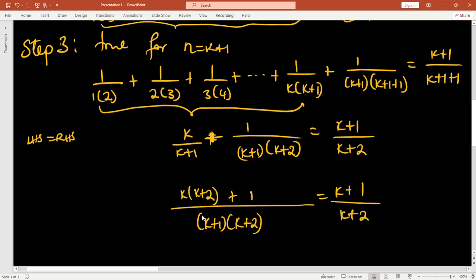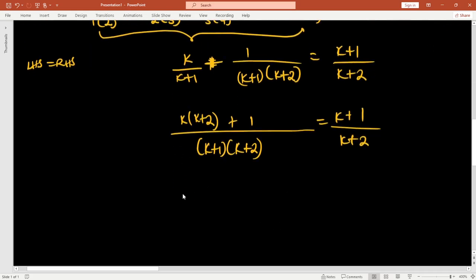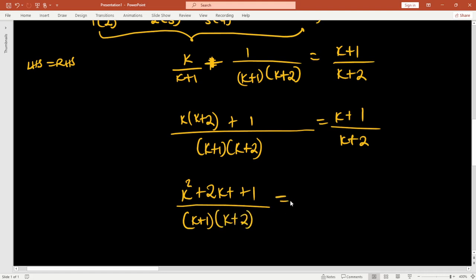Now let's simplify what we have on top. On top we simply have k squared plus 2k plus 1 divided by (k plus 1)(k plus 2), we don't expand what we have below, equal to k plus 1 divided by k plus 2.